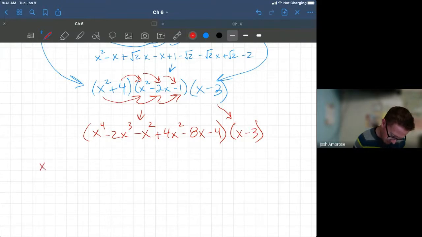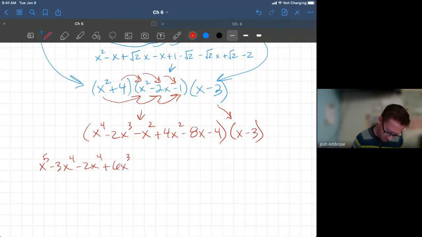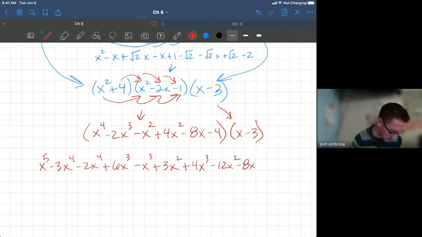All right, we have x to the power of 5 minus 3x to the 4th minus 2x to the 4th plus 6x to the 3rd minus x to the 3rd plus 3x squared plus 4x to the 3rd minus 12x squared minus 8x squared plus 24x minus 4x plus 12.